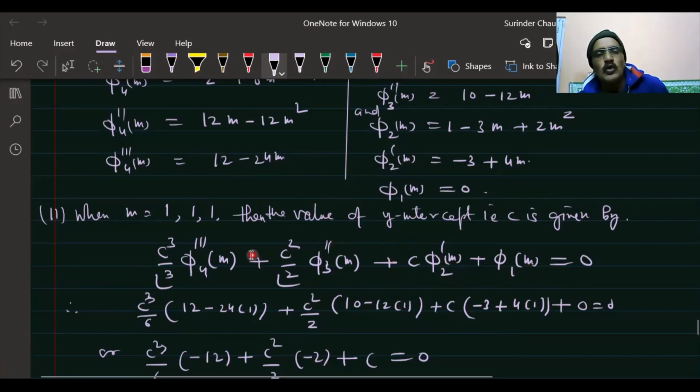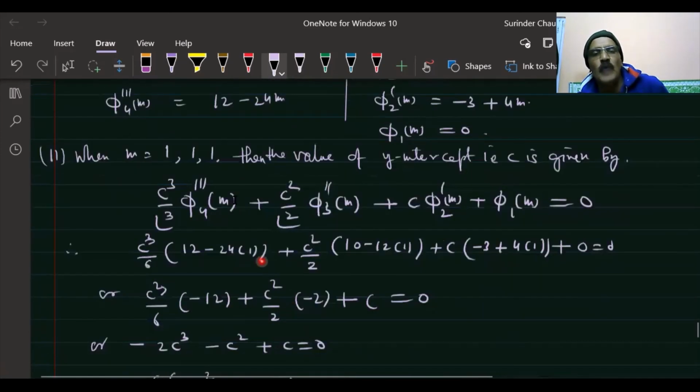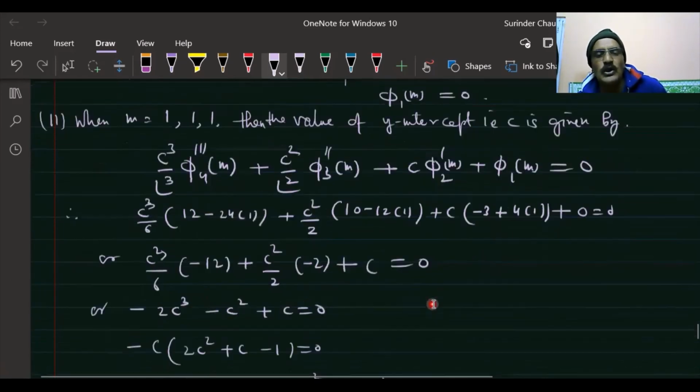Now put m is equal to 1, put the values of phi 3 of m, phi 4 of m from here, phi 4 of m third derivative from here, phi 3 of m second derivative from here, and phi 2 of m first derivative from here, and phi 1 of m from here, and substitute the value m is equal to 1 in these equations, and we'll get a cubic equation for c.